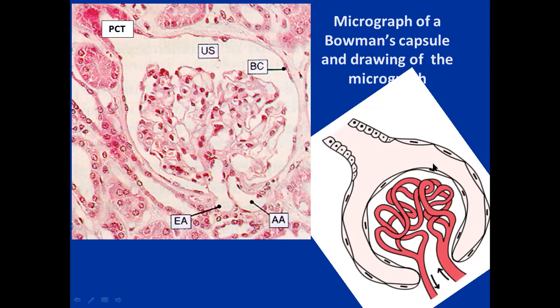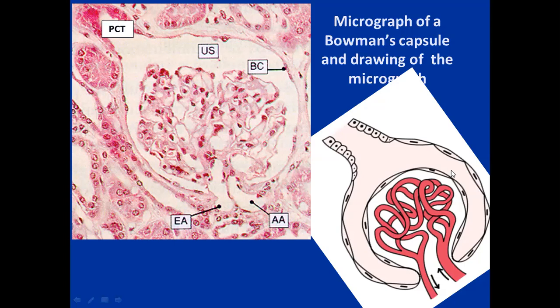This drawing on the right side is a drawing of this slide. You can see the afferent arteriole. There it is on the slide. You can see the capillary network; you can see it on the slide. See the efferent arteriole on the drawing, efferent arteriole on the slide.